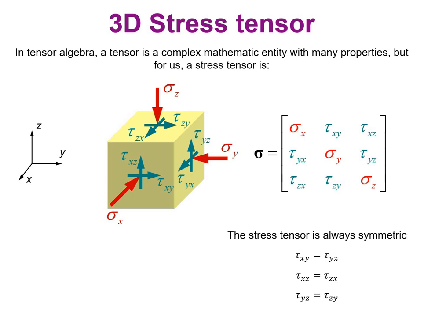And the first property we have to mention here is that the stress tensor is symmetric. It's always symmetric because if it's not symmetric, rotations will be produced around axes X, Y, and Z, and we are going to lose the equilibrium. So this is called the Cauchy stress tensor. The Cauchy stress tensor is always symmetric.